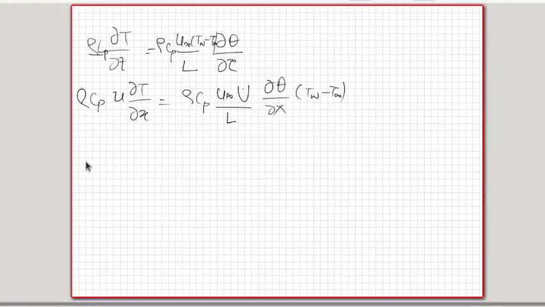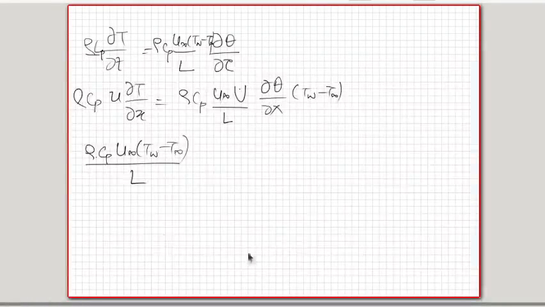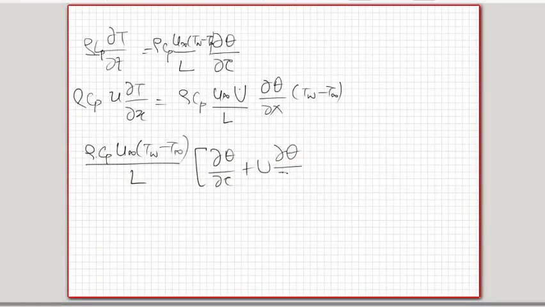So if I write the left hand side, it will be rho Cp u infinity into T wall minus T infinity divided by L, times the common terms, which will be del theta by del tau plus U del theta by del X plus V del theta by del Y. So this is what you would get on the left hand side.